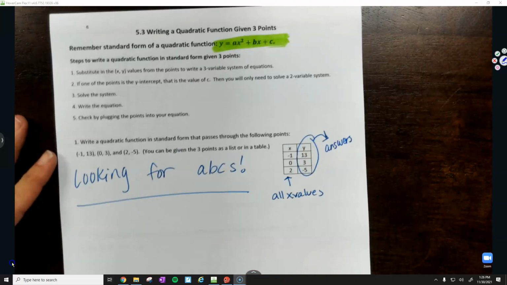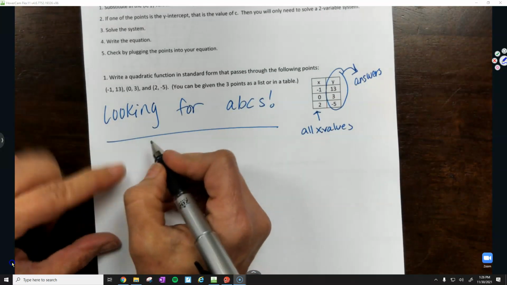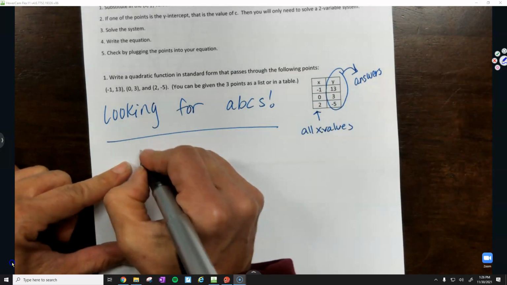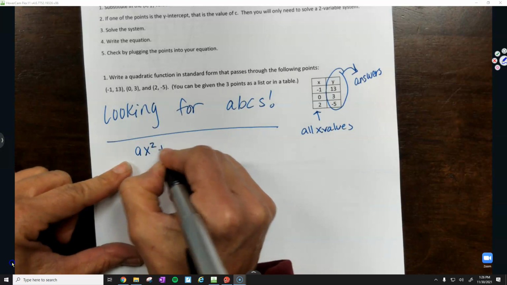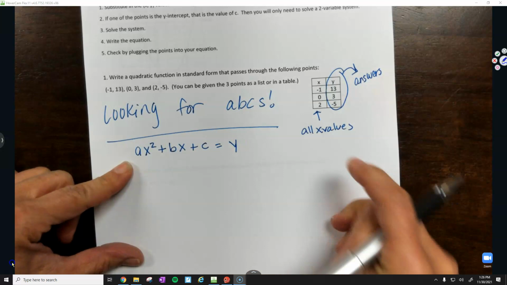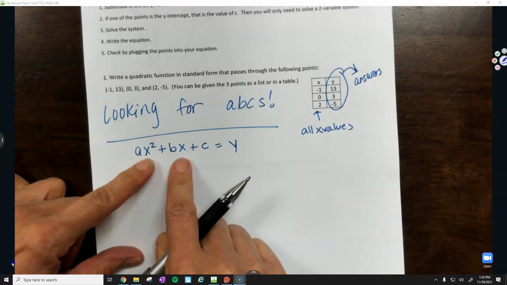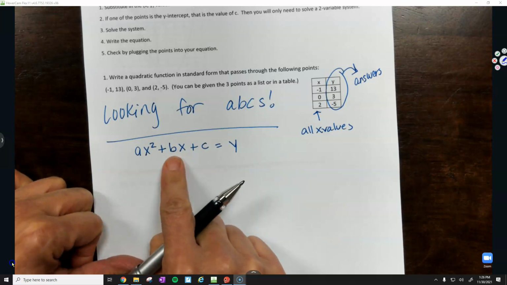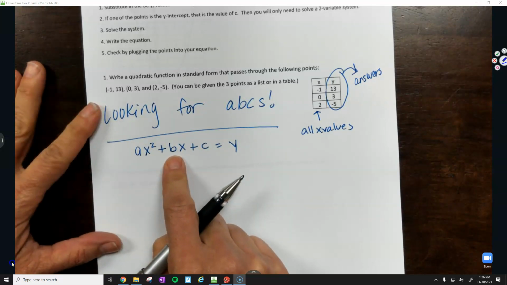All right, so 3 equations. Our first equation, we're going to use -1 and 13. And remember, it's going to be in this order, which means that -1 is going to pop up twice, once next to the a squared and once next to the b, just in regular form.